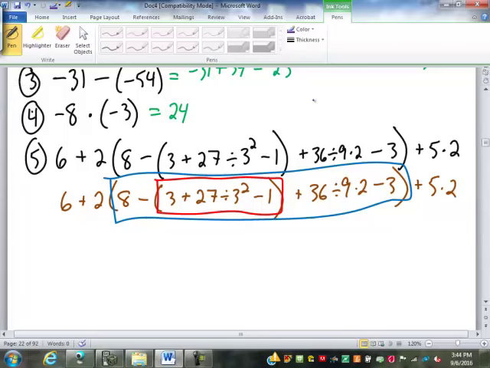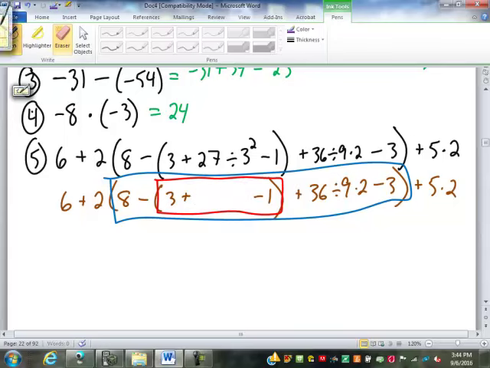What's next on our level of priority? Exponents. We do have a power here. 3 to the power of 2, which is 9. So I'm just going to erase it and put in a 9. Any more exponents? No. What's next on our list? Multiplication or division. So we do have the 27 divided by 9, which is 3.